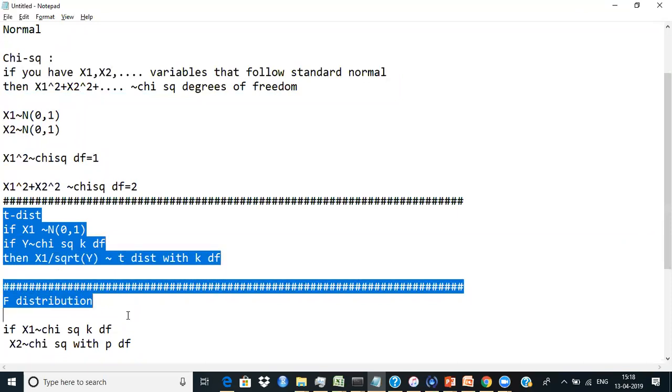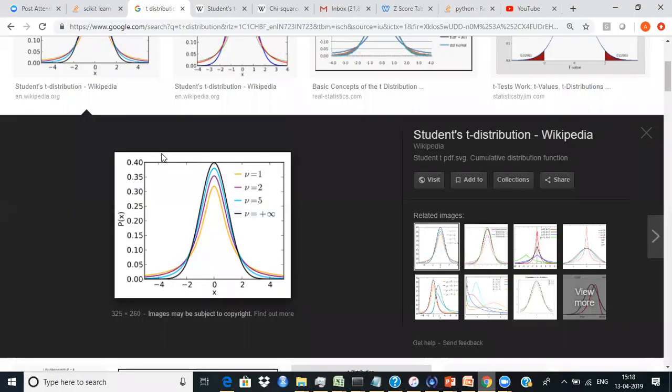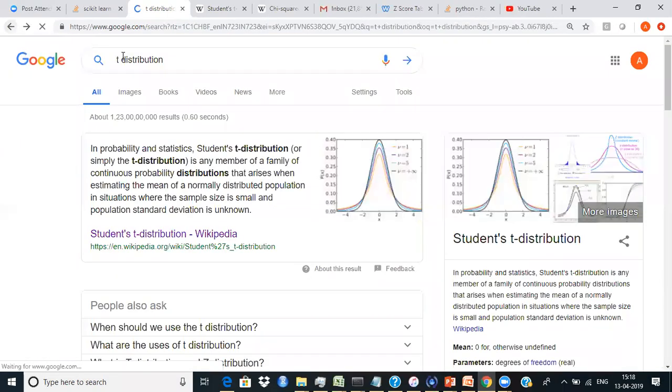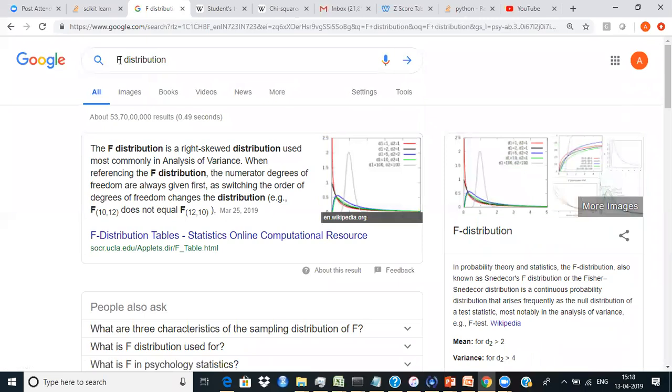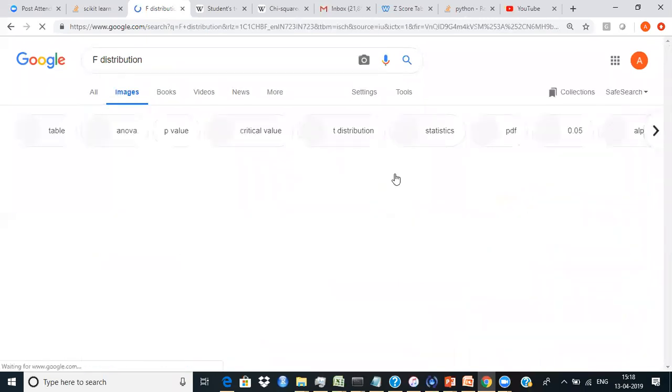Similarly, F is a ratio of 2 chi-square. Now for each of the chi-squares, you have a user input which is their degree of freedom. So when you have an F distribution, it has 2 user inputs: the degrees of freedom of the numerator and the degrees of freedom of the denominator. Okay. Now, F distribution also does not have any fixed shape. If you look at the shape of an F distribution, it changes with the value of the degrees of freedom.